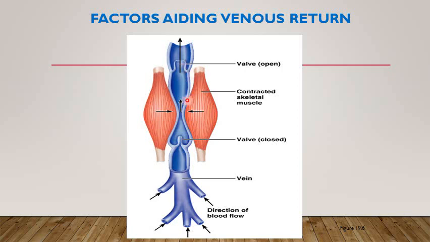Number 2 are the valves. These valves help in the unidirectional flow. When we have to push the blood up towards the heart to improve the venous return, these valves have to open.